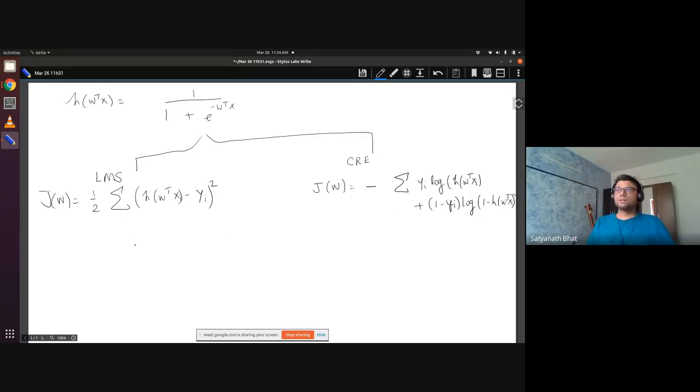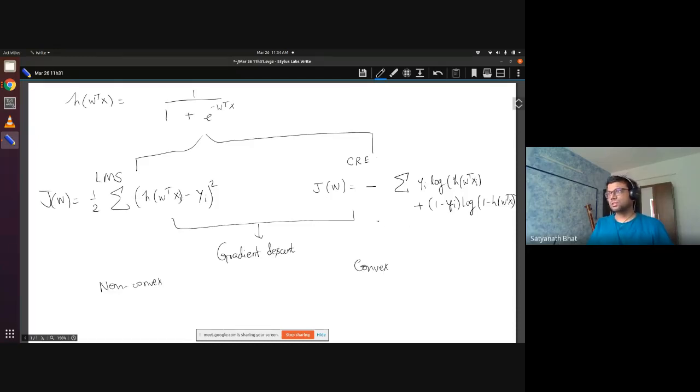For both these methods, I told you that there is no closed form. So what you need to do is take the derivative, and for both of these we will use gradient descent. Some disadvantages: this one is non-convex, which you can check, and this one is convex.